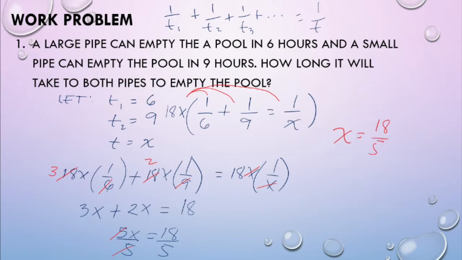Or if you want a mixed fraction, this is 3 and 3 over 5 hours if the small pipe and large pipe will work together to empty the pool. Okay? So this is the answer in the first problem of the work problem.